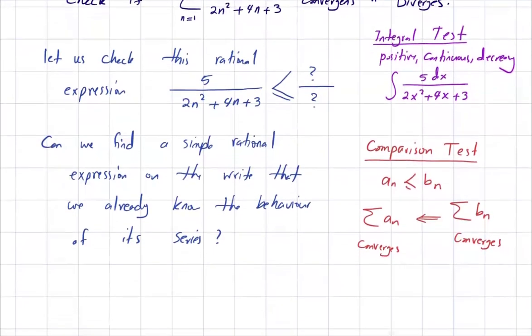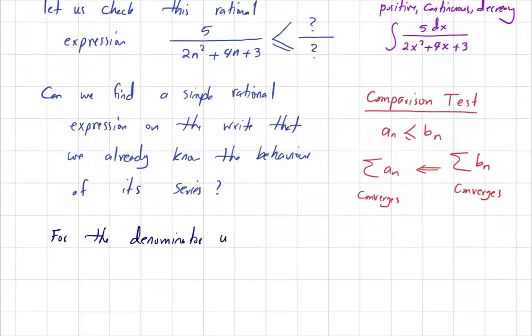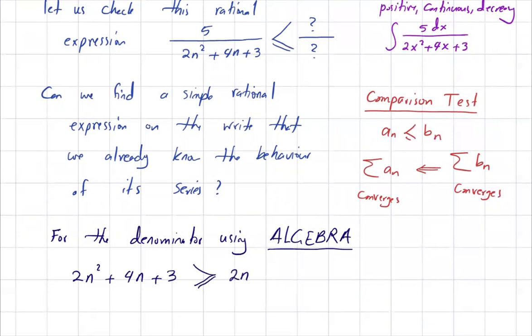Take a look at your denominator. For the denominator, 2n squared plus 4n plus 3 is always more than or equal to 2n squared. There is no doubt there. This is basic algebra. Using algebra, we are not using anything else. 2n squared plus 4n plus 3 is always more than 2n squared.